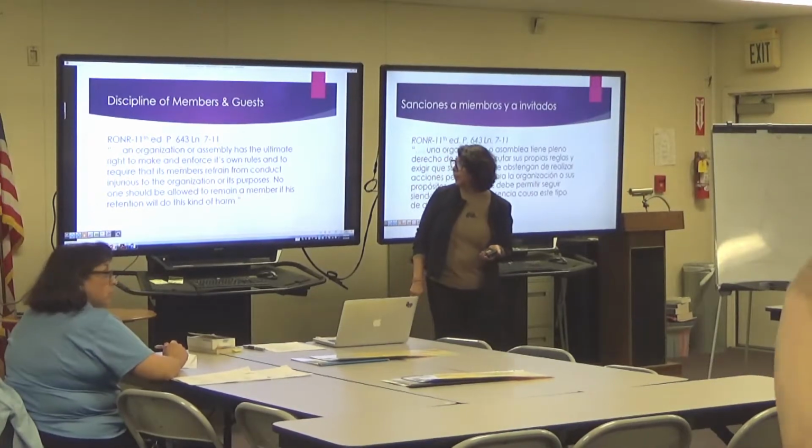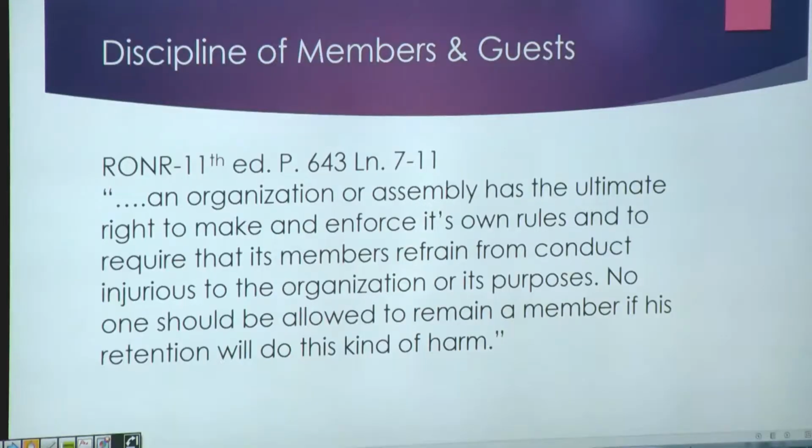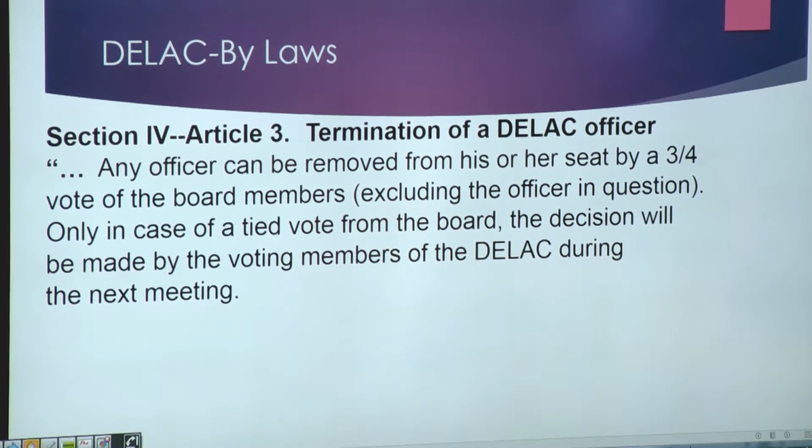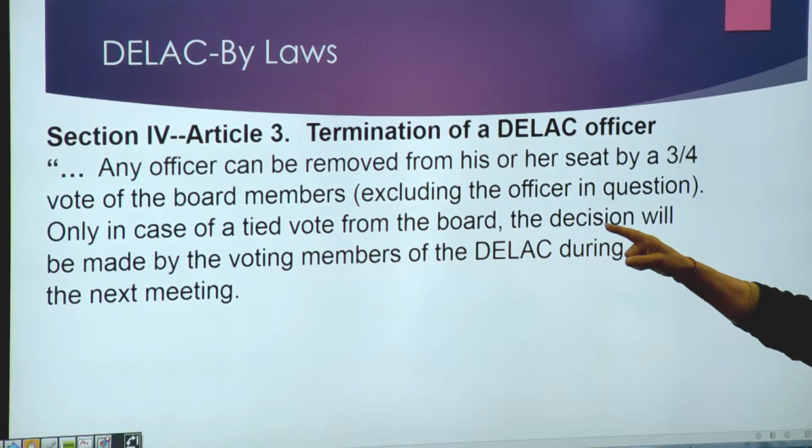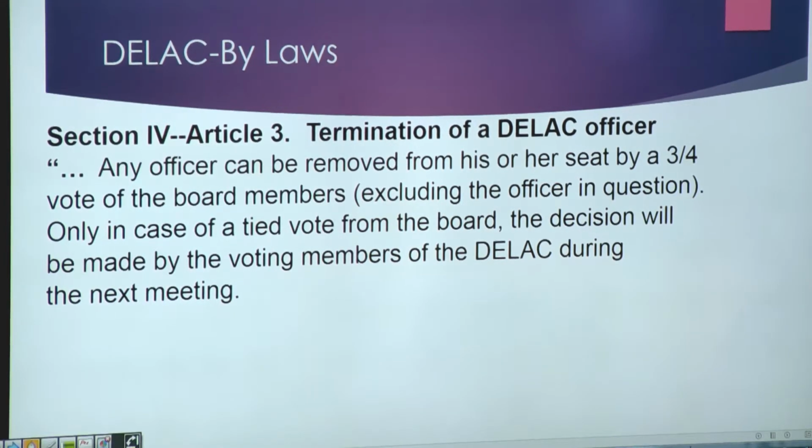Okay, an organization or assembly has the ultimate right to make and enforce its own rules and to require that its members refrain from conduct injurious to the organization or its purpose. No one should be allowed to remain a member if his retention will do this kind of harm. One more thing. In your bylaws, it specifically says any officer can be removed from his or her seat by a three-fourths vote of the board members, excluding that one officer.